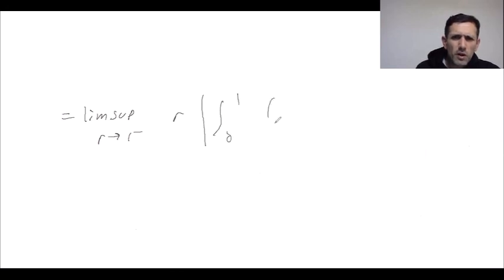Okay, so this is actually fairly reminiscent of the Hardy space norm after I use Hölder's inequality.